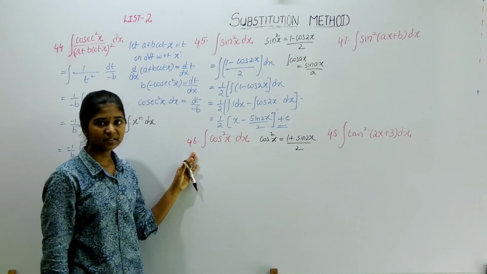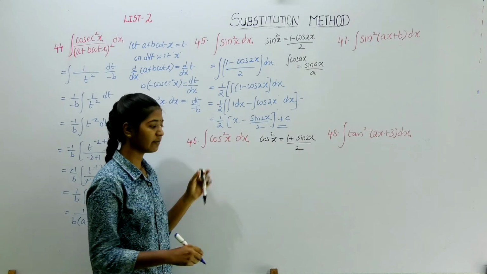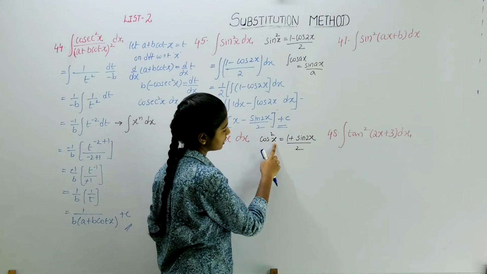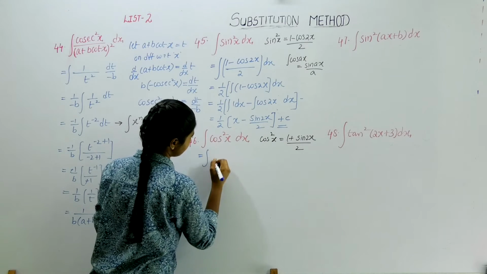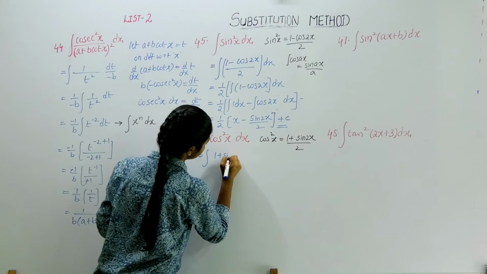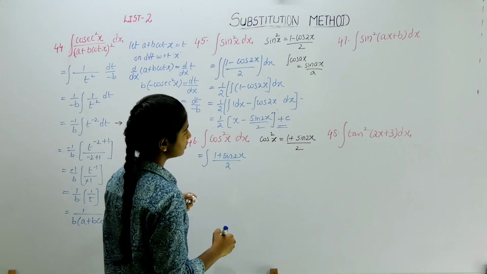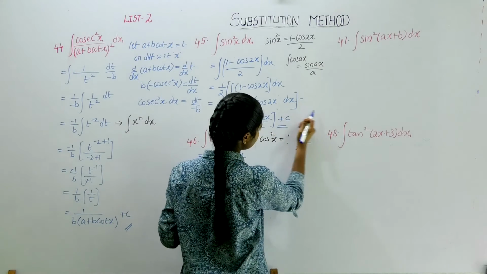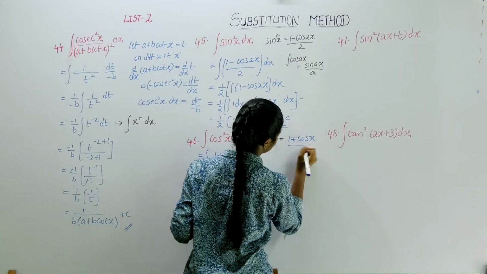Similarly, for the 46th one, integral cos square x dx. To solve this, we don't have a direct formula. We use a trigonometric formula: the formula for cos square x is 1 plus cos 2x by 2.